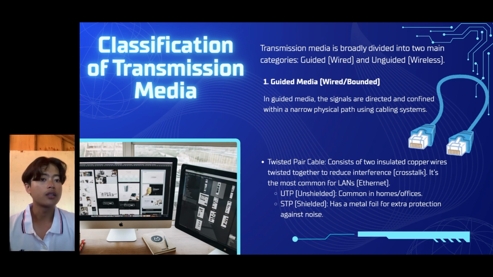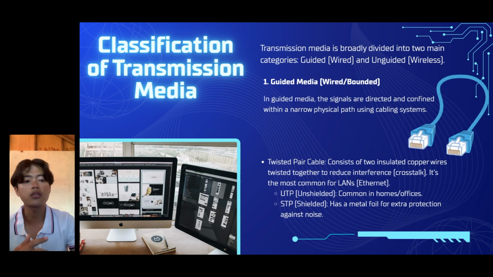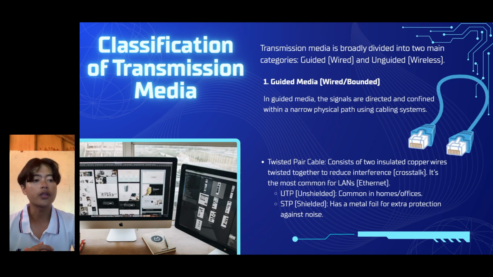So guided media consists of wires, which are the twisted pair cables. It consists of two insulated copper wires twisted together to reduce interference, called crosstalk. It is the most common for LANs and Ethernet.